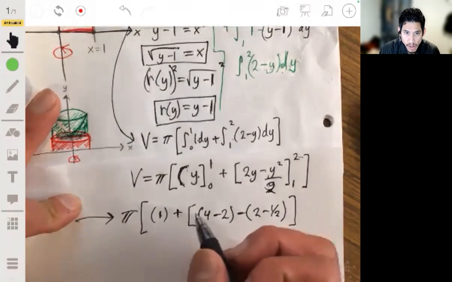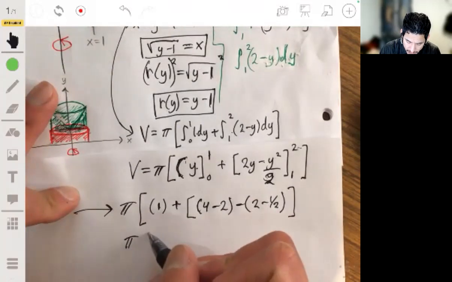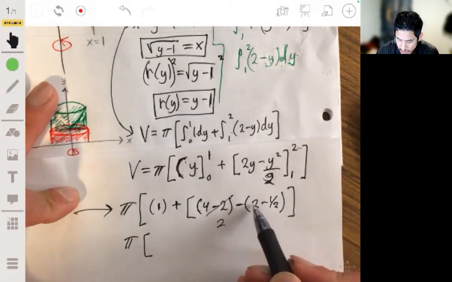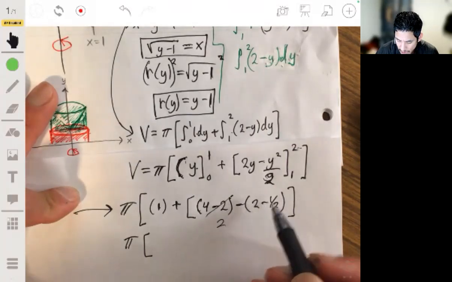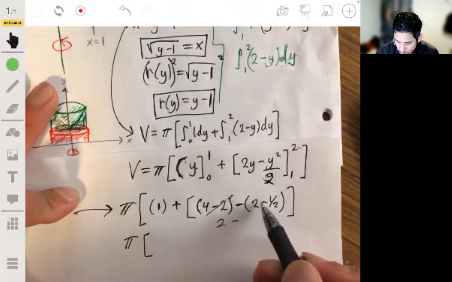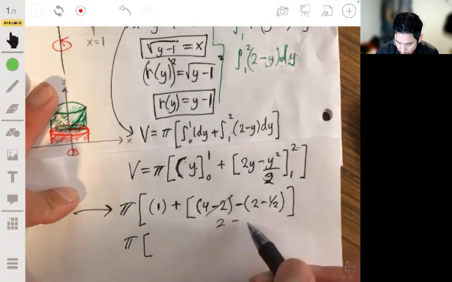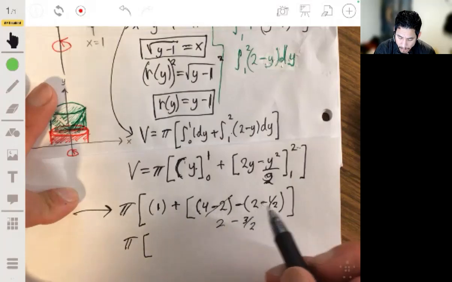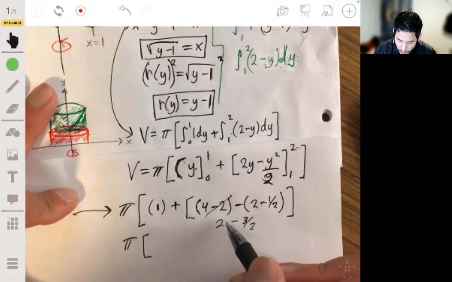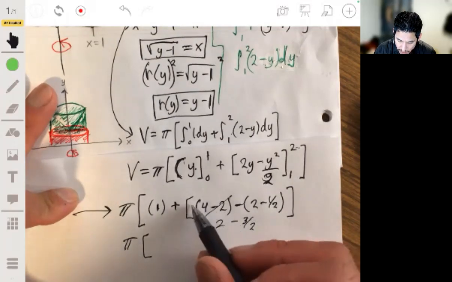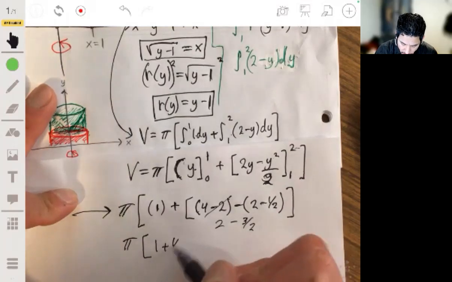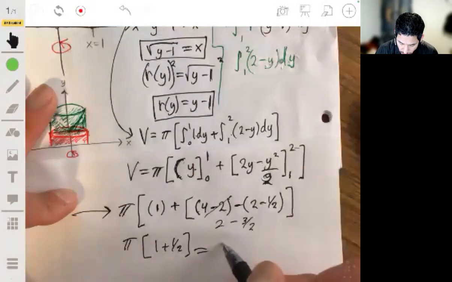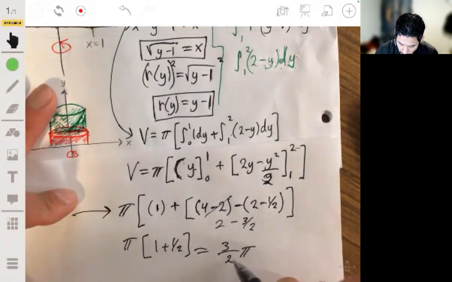So 2 minus 1/2, so 2 minus 3/2, we'll get 1/2 in this whole thing. So we'll get 1 plus 1/2, and basically we'll get as our final answer 3/2 pi.